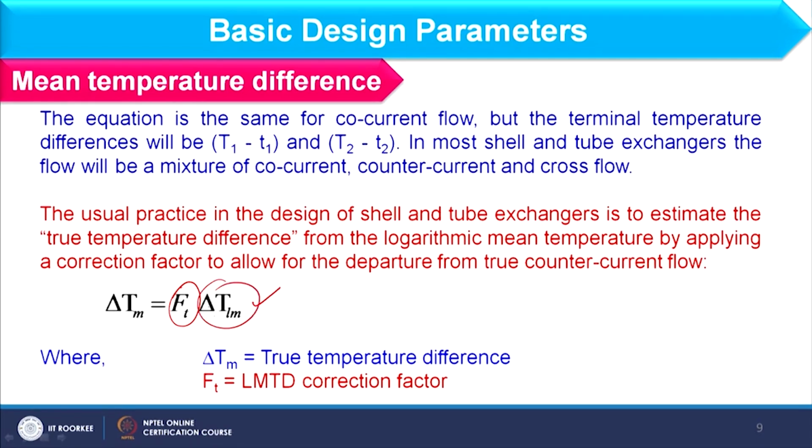FT is the LMTD correction factor. The maximum value of FT will be 1, and therefore FT will give a lesser mean temperature difference in comparison to LMTD. The reason is very simple: because it has mixed flow, not a particular flow.